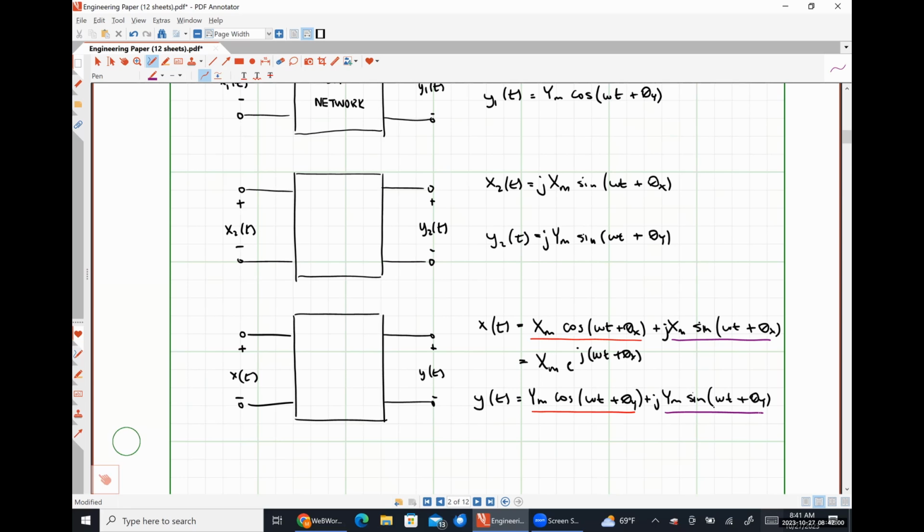So that means that if we were to excite our circuit with a complex number, the real portion of which is the time domain signal we're interested in, the real portion of our output would be the exact time domain response we were trying to find.